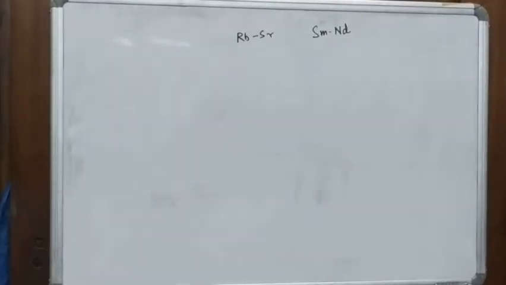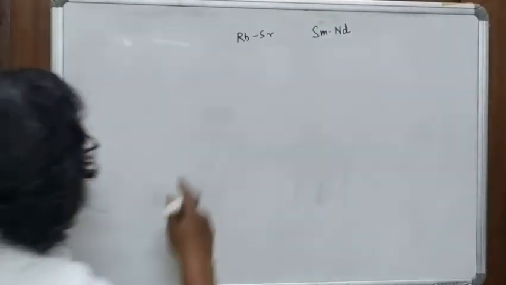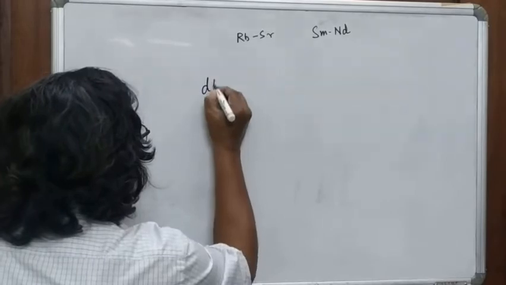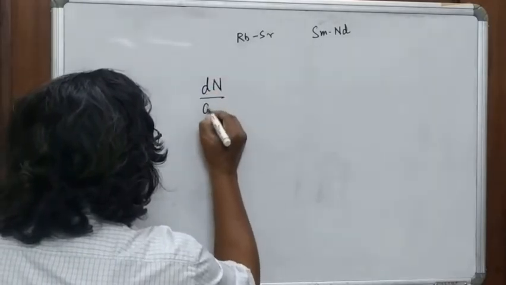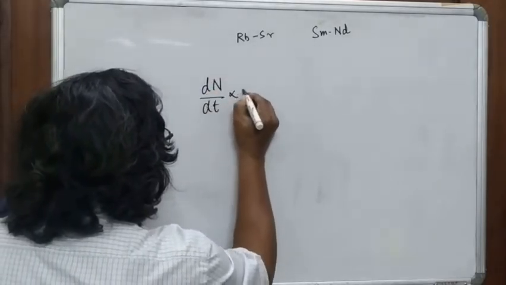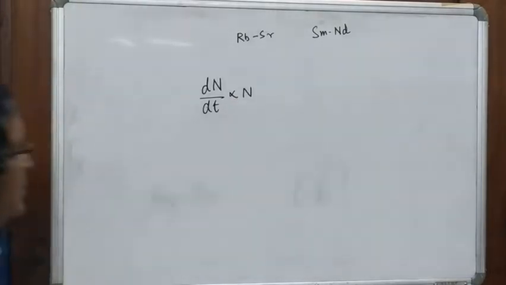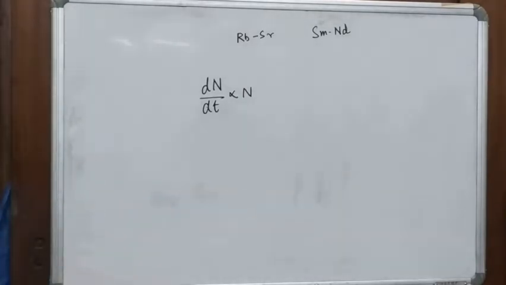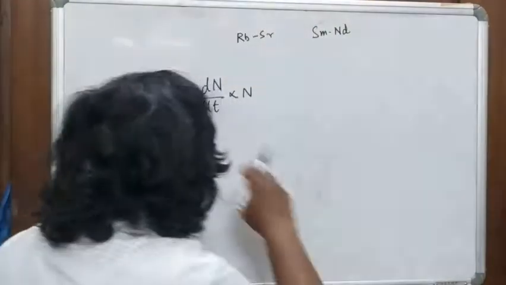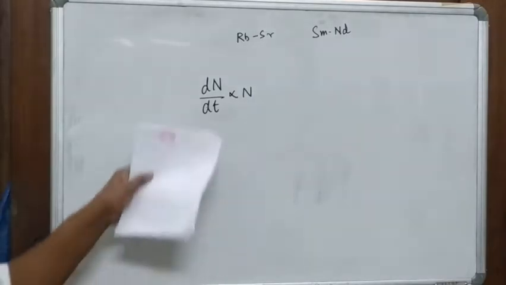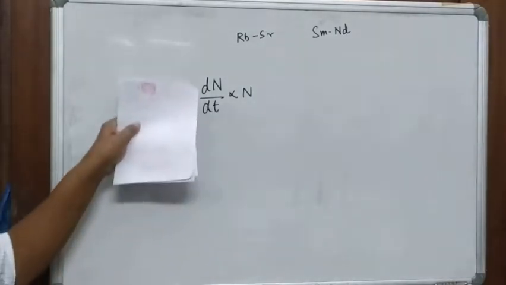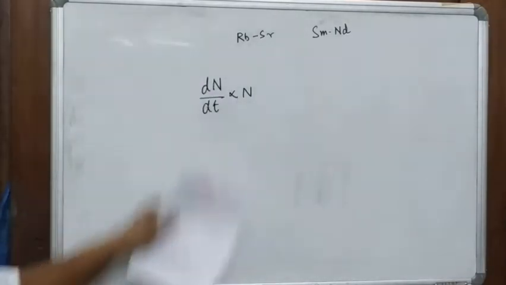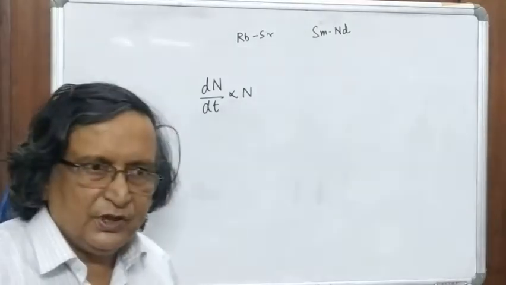Now, the basic equation to this comes from this very famous relationship that was experimentally determined: dN by dt is proportional to N. Essentially, N is the number of parent nuclides, and t is time. So essentially, the rate at which the parent nuclides change is directly proportional to the number of parent nuclides.